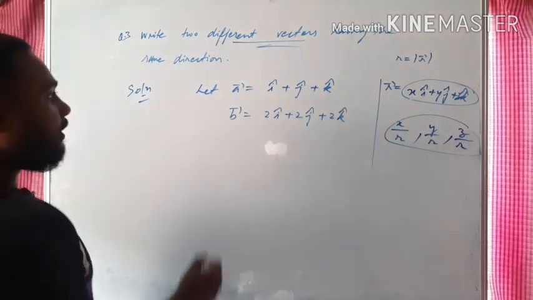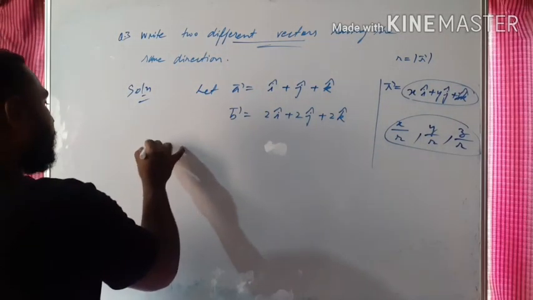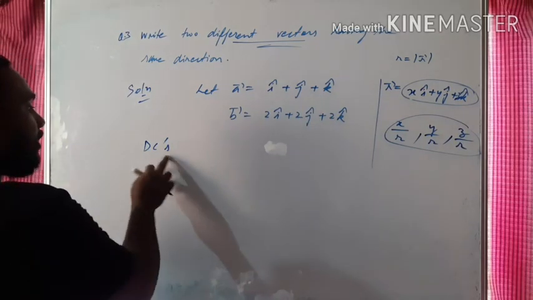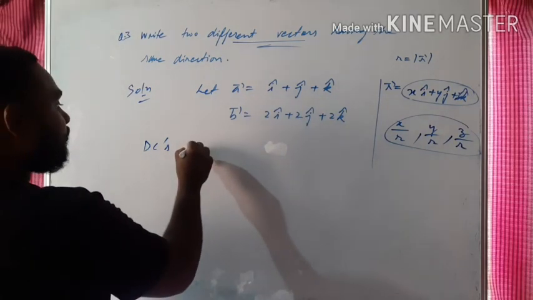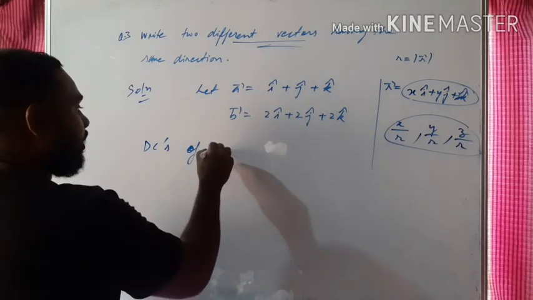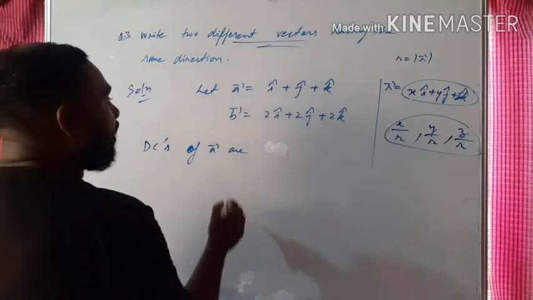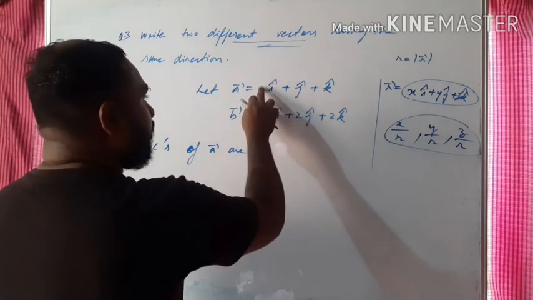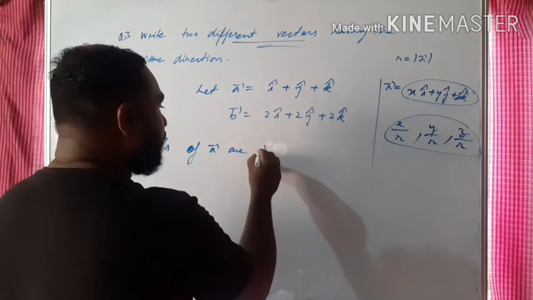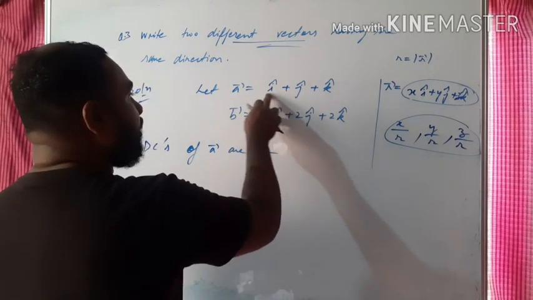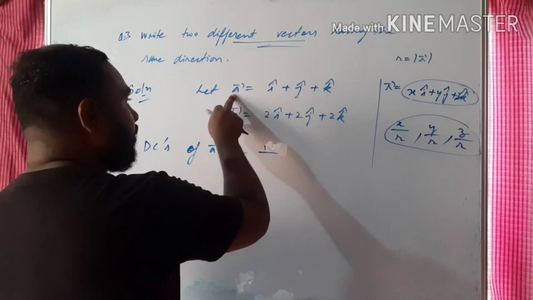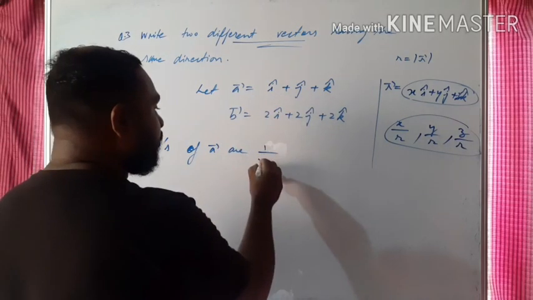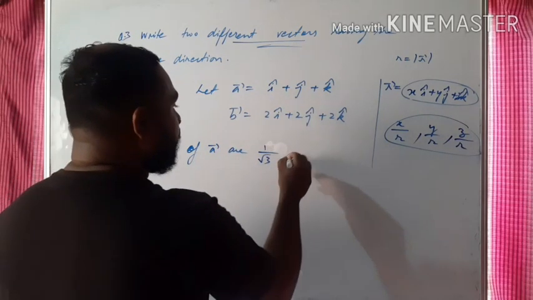So if I find here for a, I am writing in short form, the direction cosines of vector a. Along with i nothing is written, which means 1 is there, so 1 divided by the magnitude of vector a, which will be root 3, isn't it?